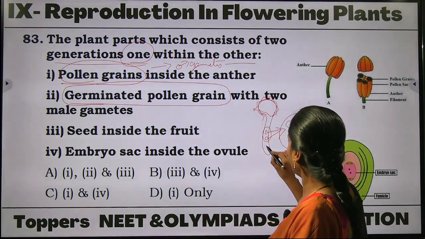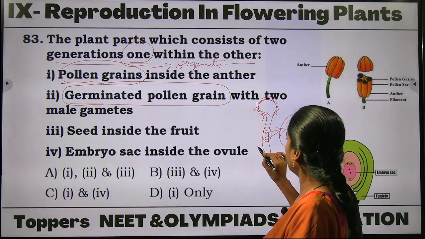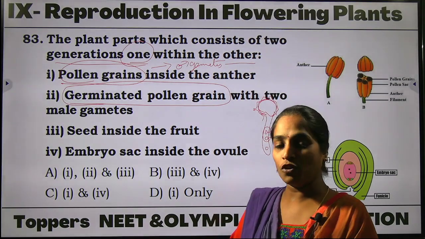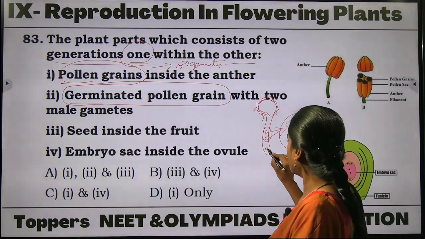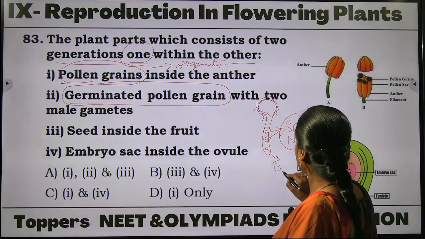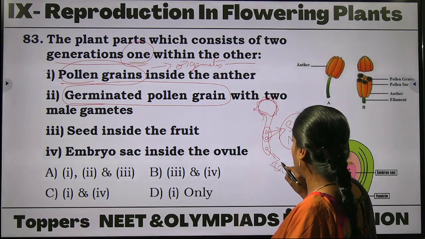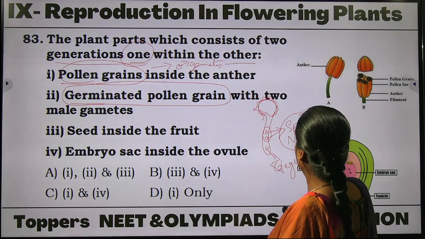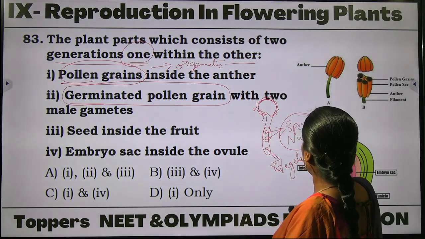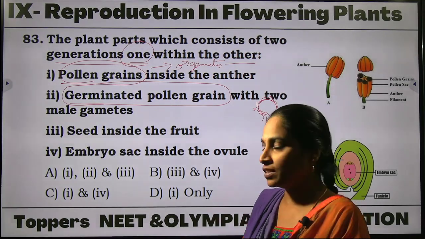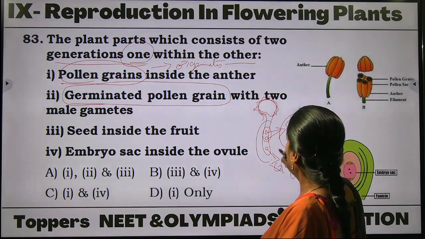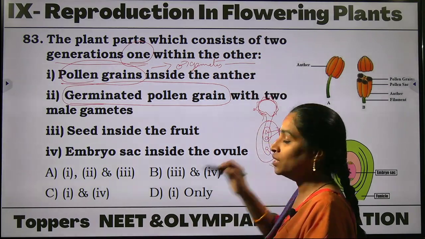And the next nucleus is formed by the vegetative cell. Here the pollen grain is germinating into a tube.